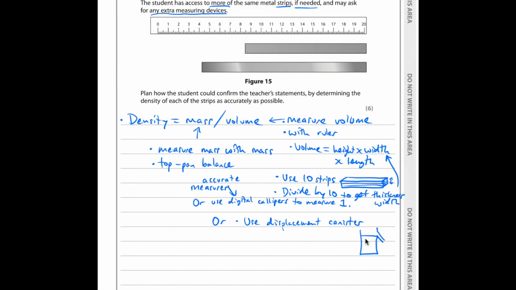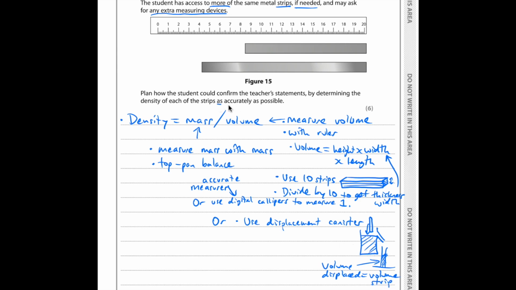You fill it up with water, have a measuring cylinder here, and if you pop the metal into the water, the water will come out here, and whatever the water is there will be the volume displaced, which equals the volume of the strip.